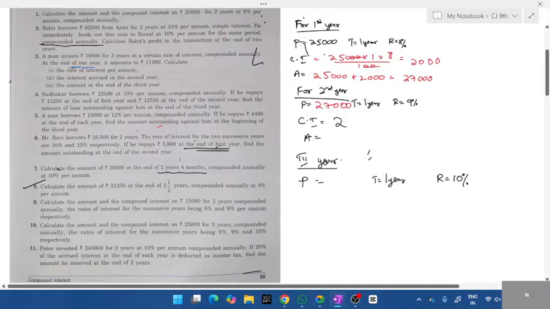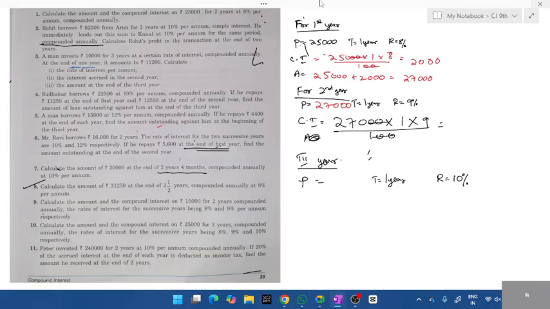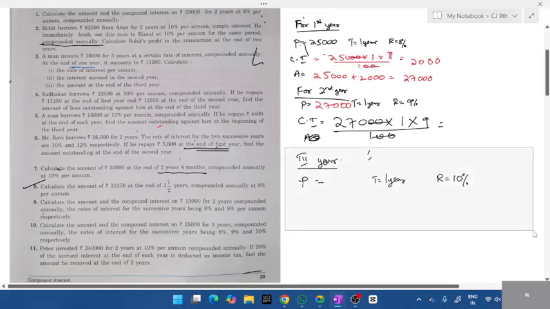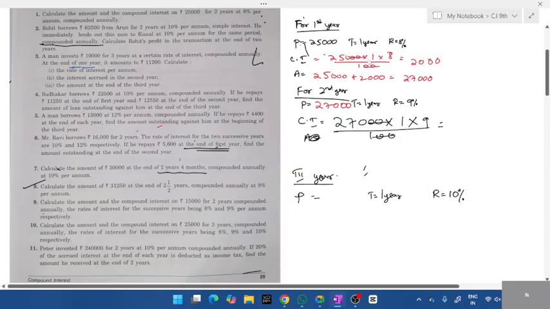Tell me the calculation part, Angel. What's the calculation? What's the interest? What will be the amount? Tell me the next step. What will you do after this? Okay.